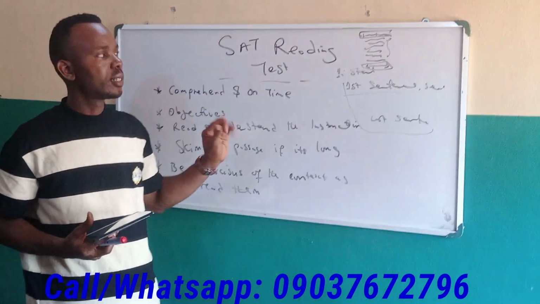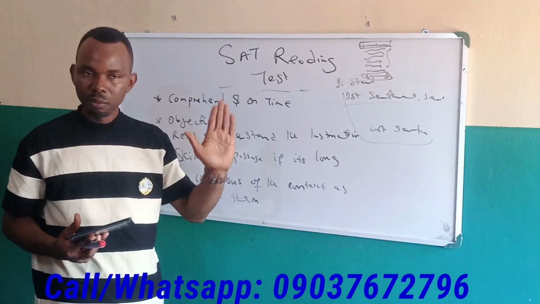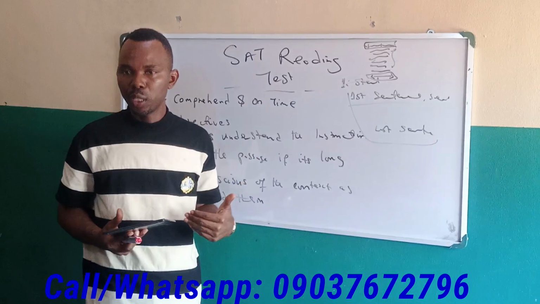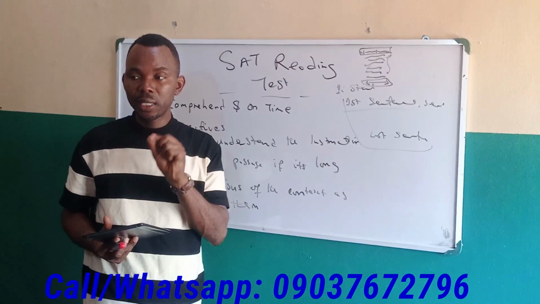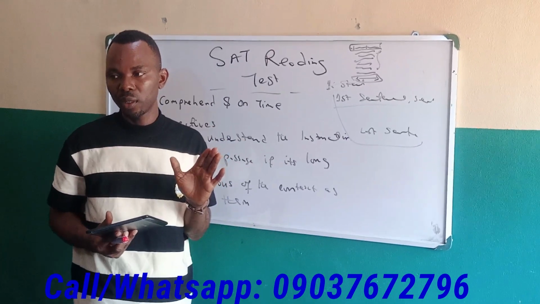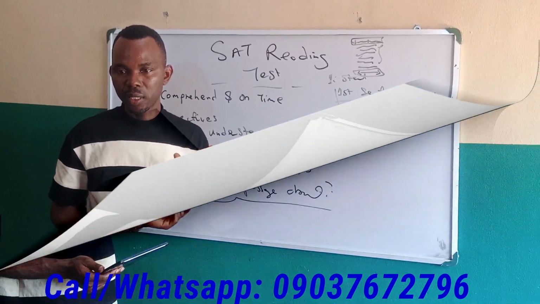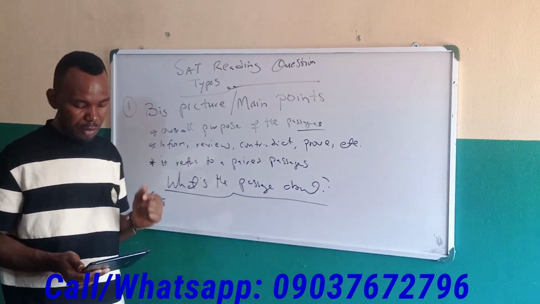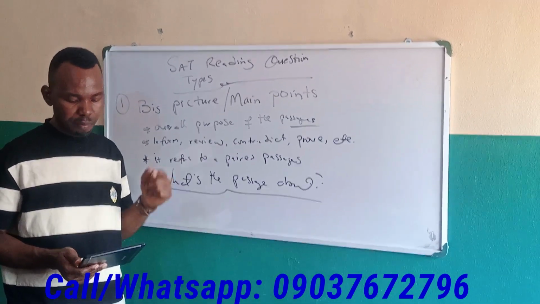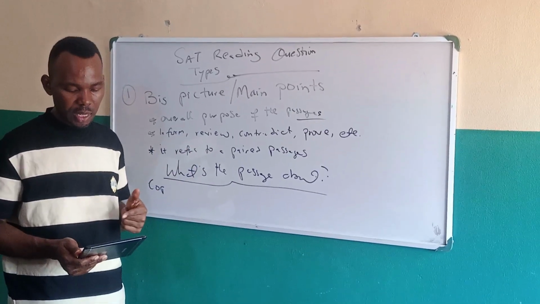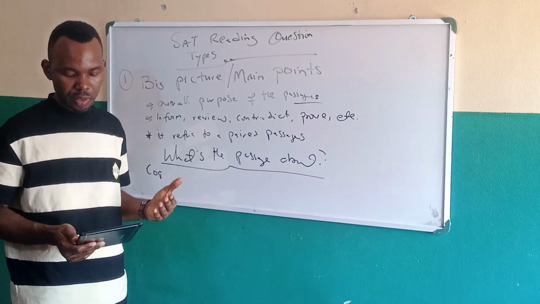Now we're going to look at the question types, because the SAT reading test has some question types that you need to pay attention to, and your ability to understand them very well will help you in the overall reading test. Do we understand? You may be asked, what is the passage about? Or you may be asked a question like, compare brain function in those who play games on the internet and those who browse on it.